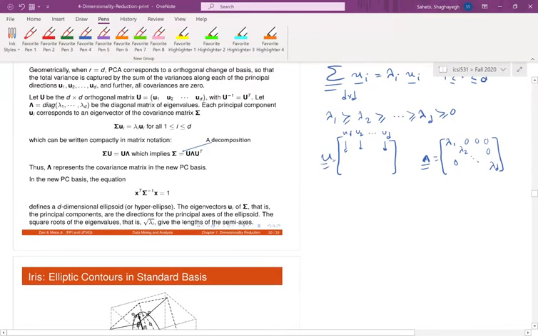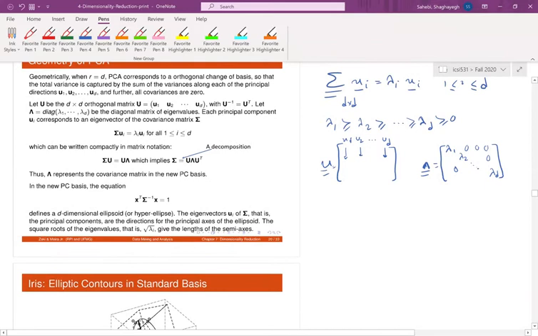Then we can rewrite this formula above, which is the eigenvector decomposition, like this. We have our matrix sigma, multiplied by matrix U, is equal to our diagonal matrix lambda multiplied by matrix U again. So U actually comes here, matrix U and diagonal lambda.